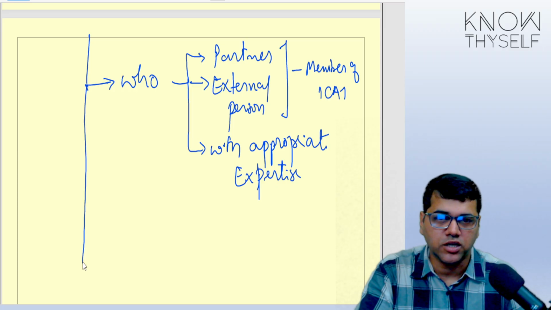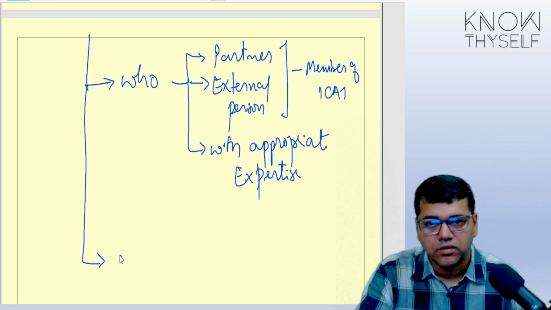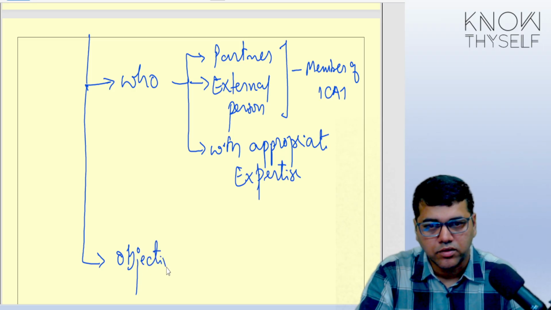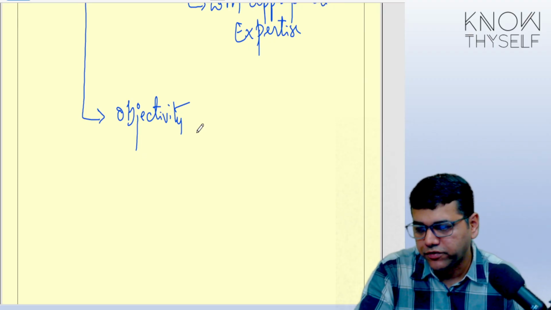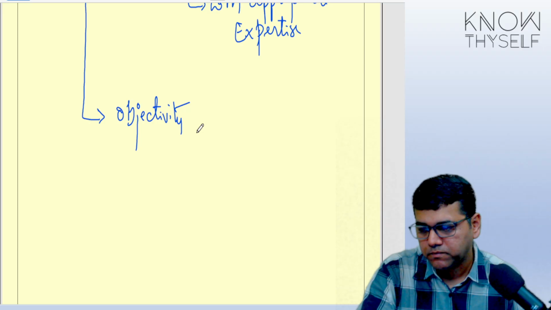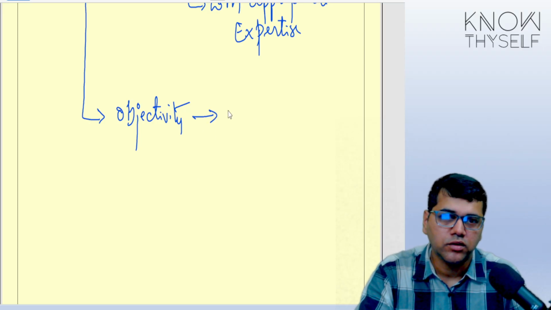Okay, next question comes with this EQR, objectivity. We have to maintain the objectivity of an EQCR. So how do you avoid the threat?